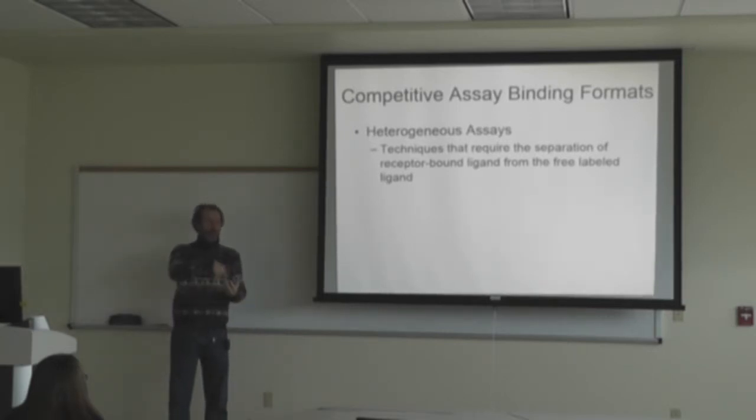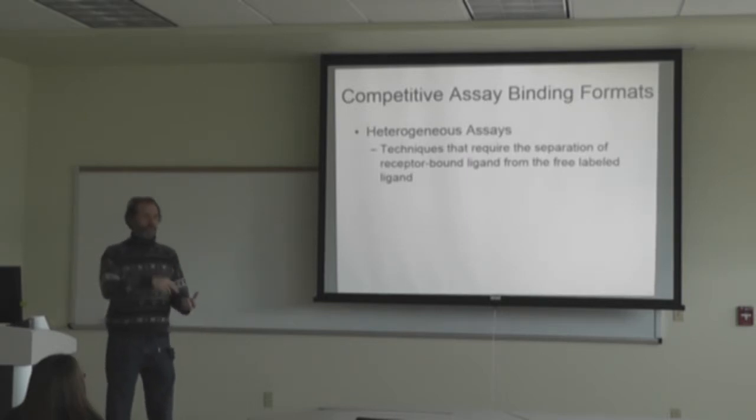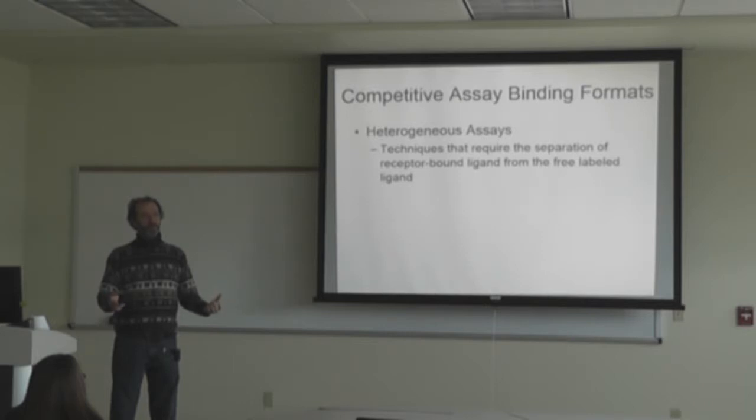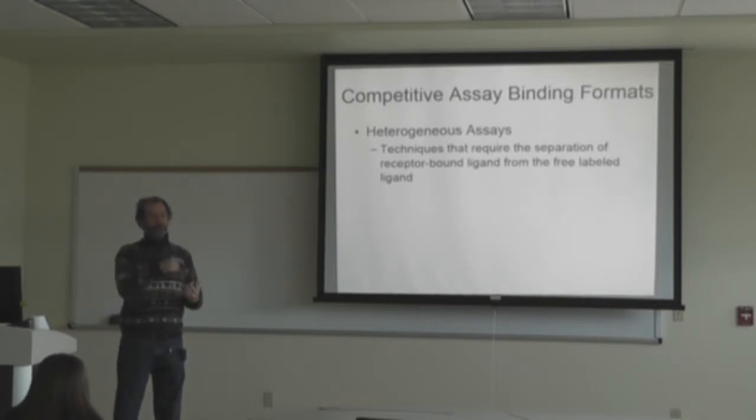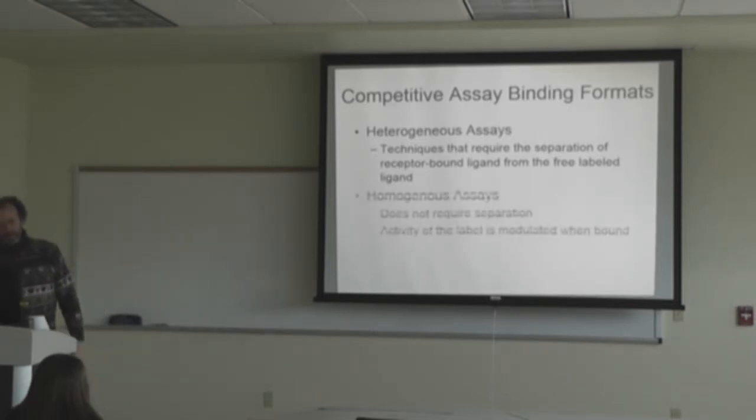You label antibodies on inside the wells. Then you have to do wash steps to get rid of any free labeled ligand or anything away from it. And then you're going to probe it with an antibody. You wash that again. So there's a lot of steps that you have to go through to separate those two and clean them up so you can get an idea of how much of the unlabeled ligand is there.